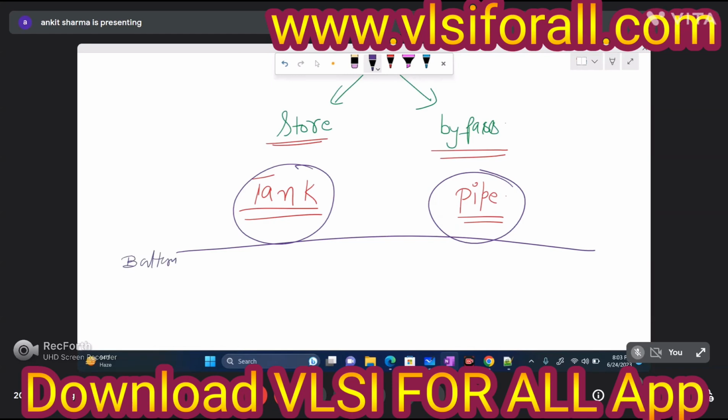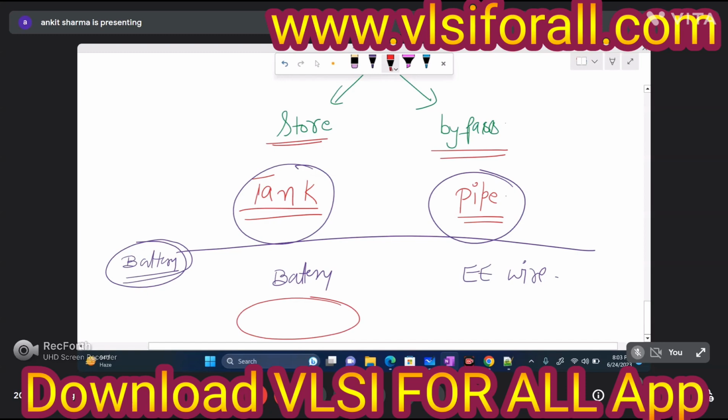Yes, I can give. I think you all are aware of a battery. So let's suppose I am taking here a battery, and here I am taking an electrical wire. A battery can store some charge, but an electric wire cannot store charge but can transfer. An electric wire is used to just transfer.